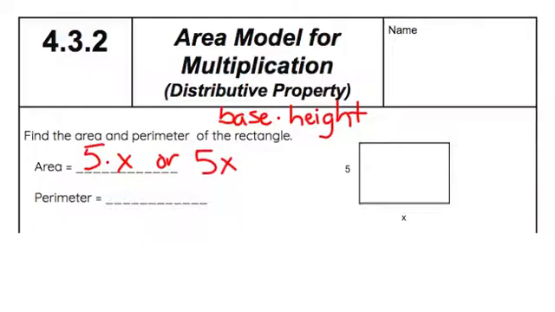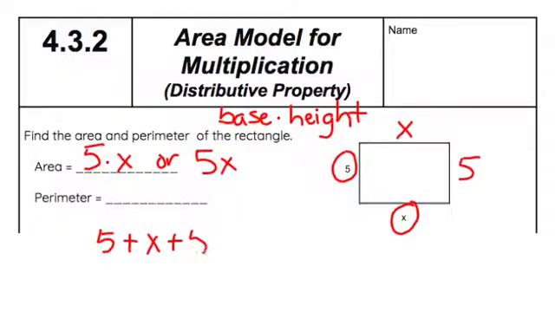For the perimeter, what you need to do is label all the sides of the rectangle because perimeter is the distance around the rectangle. So if this side is 5, then the side opposite also has to be 5. If this side is x, the opposite side has to also be x. So now, if I were to add all these together, it would be 5 plus x plus 5 plus x.